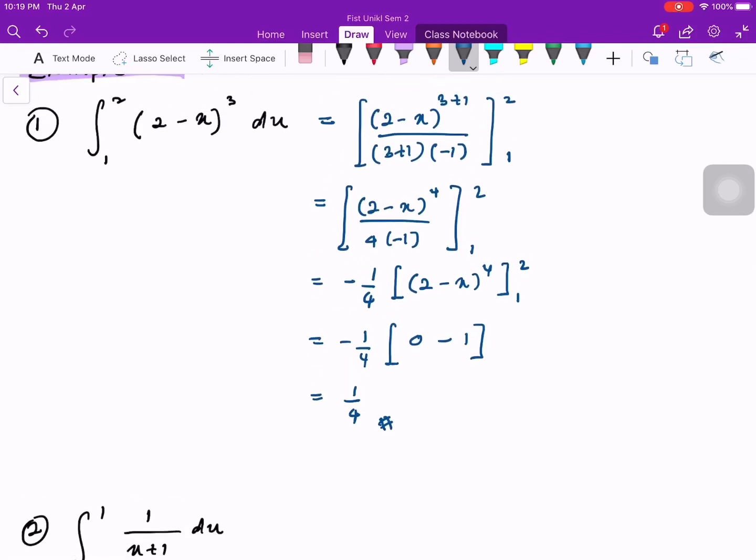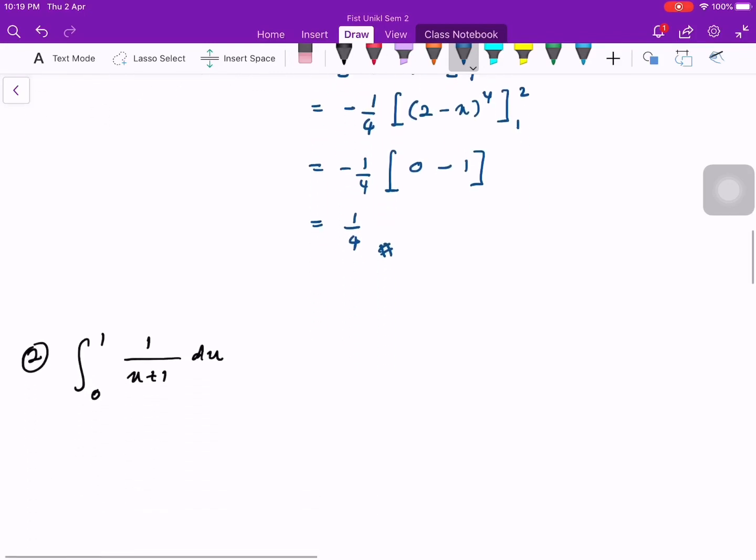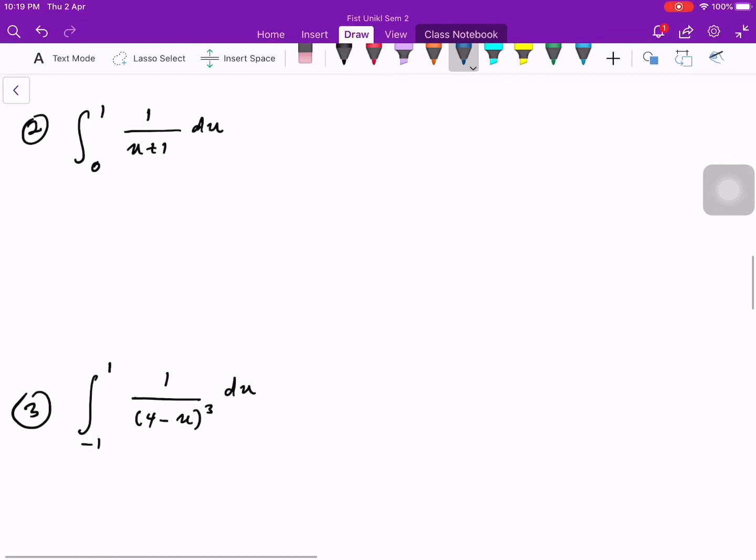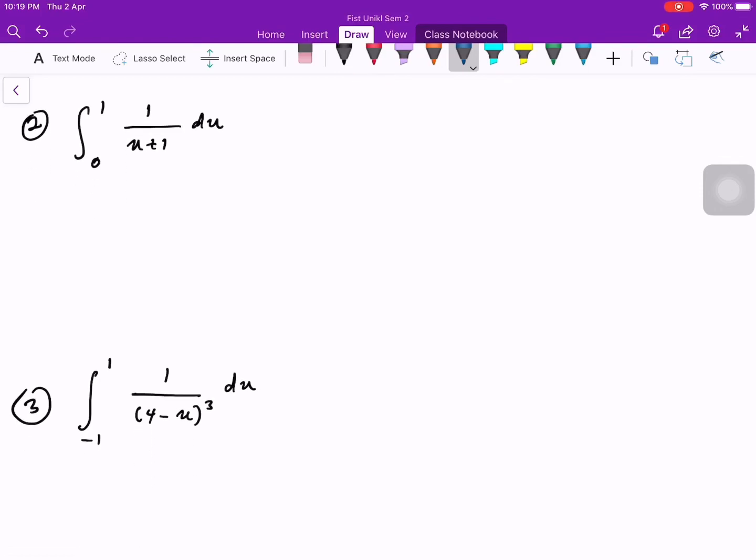Okay, alright, then the next example, okay, kita ada 1/x plus 1 dx. So this is actually a special case, if you still remember, special case of integrations, whereby kita ada x to the power of 1 and n to the power of -1. Then yang ini definitely kita akan dapat ln absolute x plus 1, okay, divided by coefficient of x, which is 1.